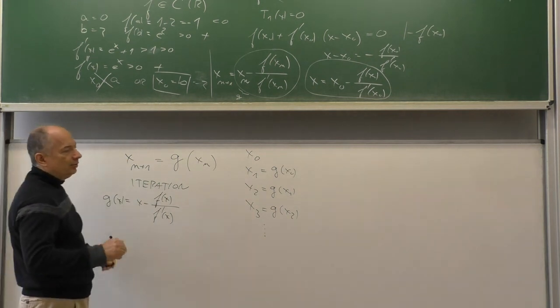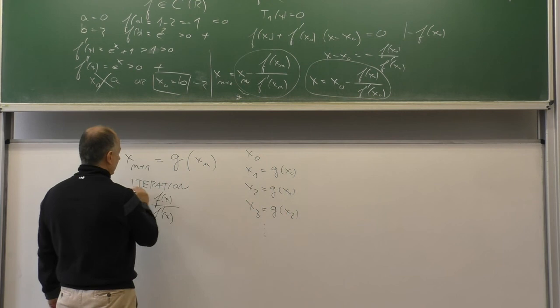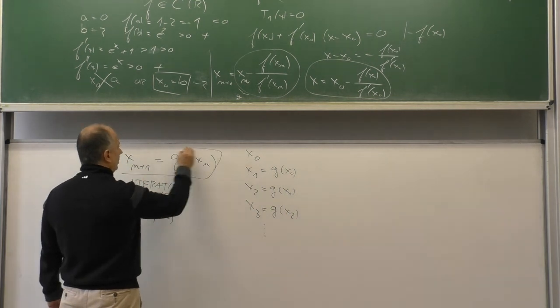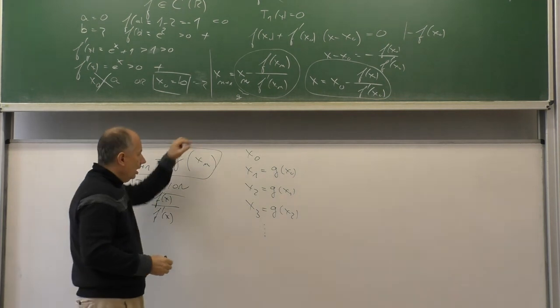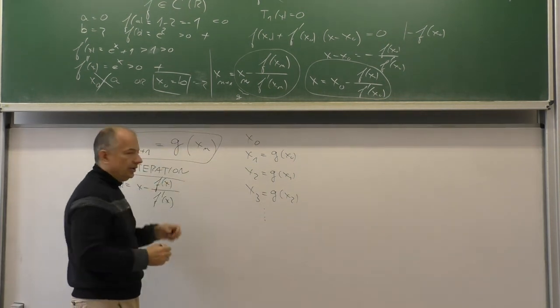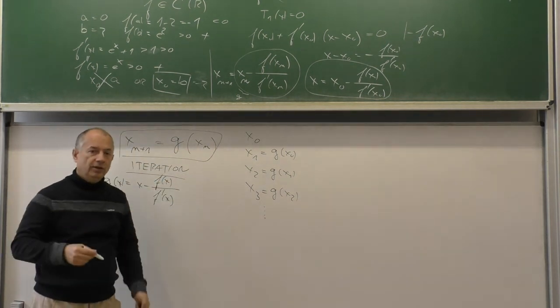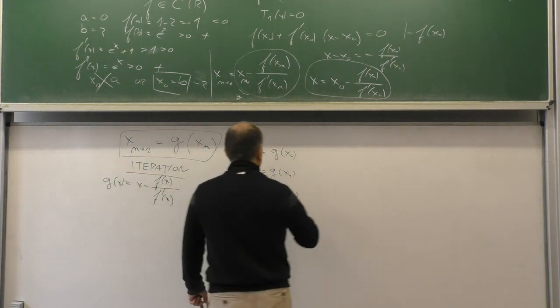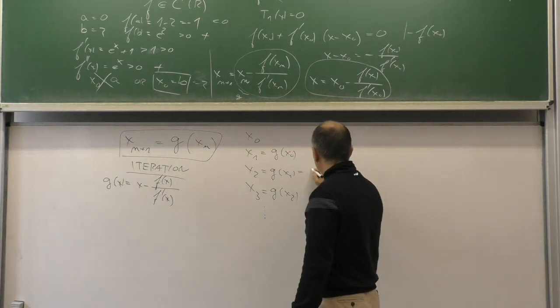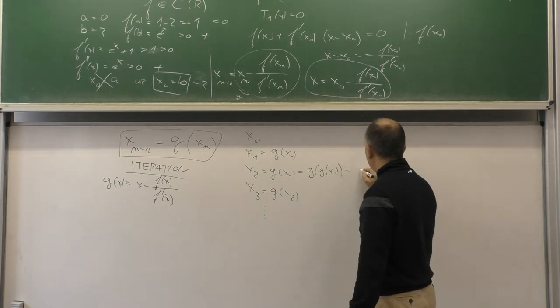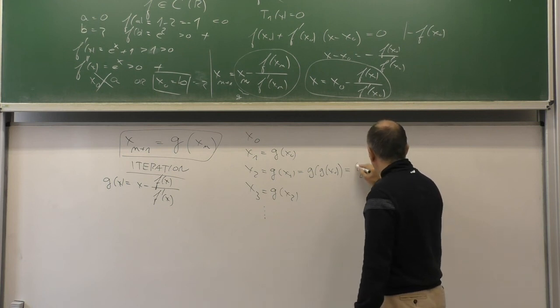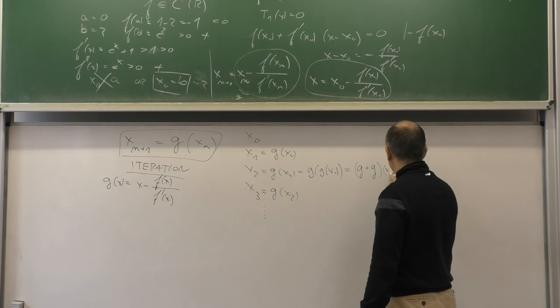So let us play a little with this iteration, namely when we apply g on and on. Iteration is actually composition of the function with itself, because we can write this as g at x0. So if you like, it can be written as g composed with g at x0.